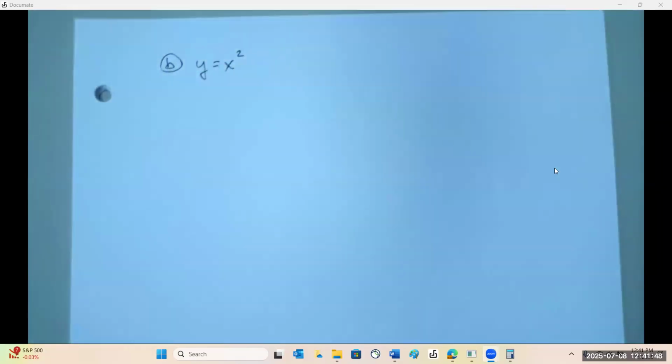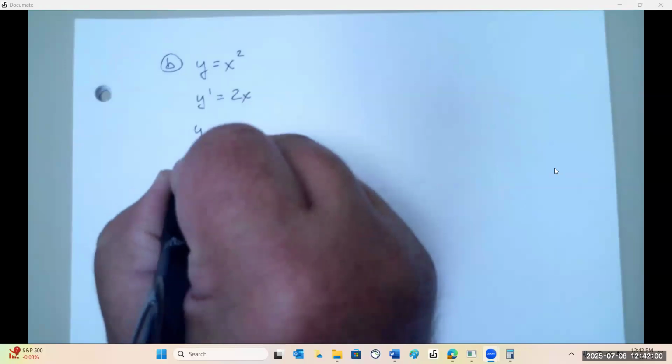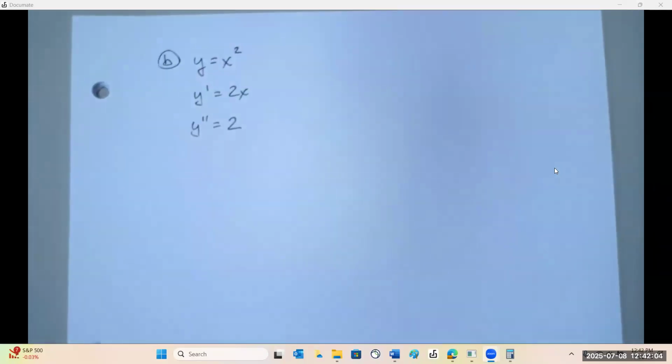Okay, that was A. B is going to be x squared. Same thing. Find the interval where the function has concavity. So we take the first derivative, we get 2x. We take the second derivative, we get 2. What do we notice about that? It's constant. What do we need to know about concavity?